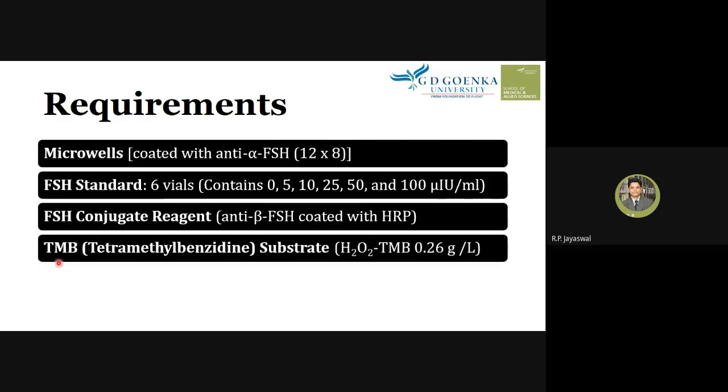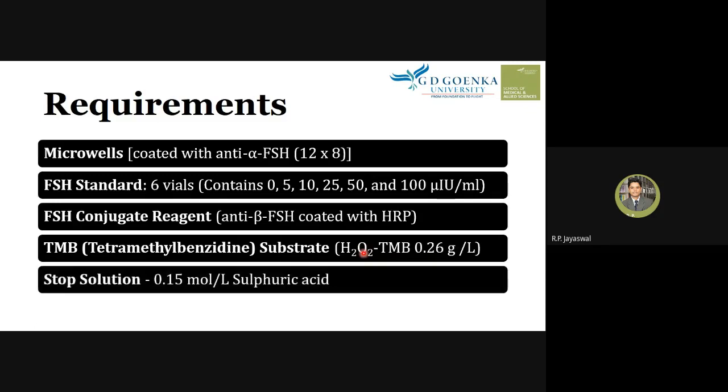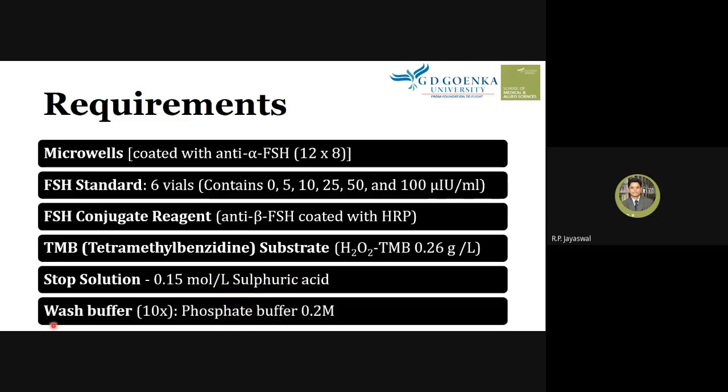And we require a substrate, the TMB substrate, also known as tetramethylbenzidine, where we have H2O2 and TMB. The concentration is 0.26 gram per liter of TMB. Stop solution we can prepare with 0.15 molar sulfuric acid.